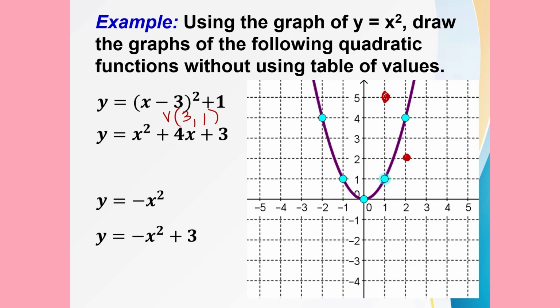And then the vertex is (3, 1). And then you may draw the points na kapantay na po ng nasa left dito sa right, since symmetrical naman po yung ating parabola. So pwedeng hindi na po mag-move. And then, connect using curved line. So, there you have it, the first quadratic function.